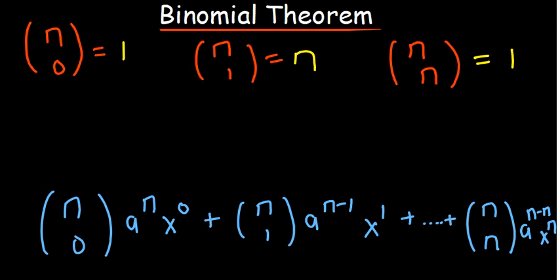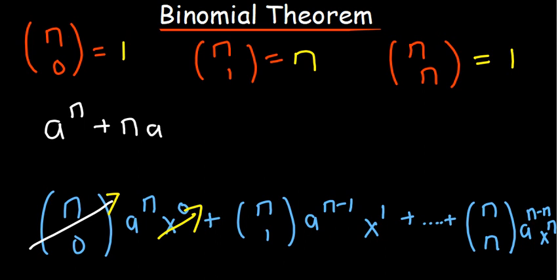So n choose 0 is 1. So there is no need of writing that each time you're expanding. And then x to the power 0 is always going to be 1. So that's why if you check some textbooks, the expansion comes out this way. It is a to the power n plus, for n choose 1, you just see n. Okay, it's not necessary to show n choose 1 because it's always going to be equal to n.